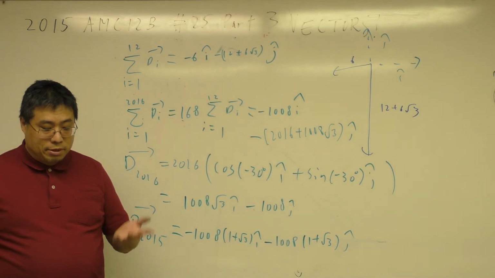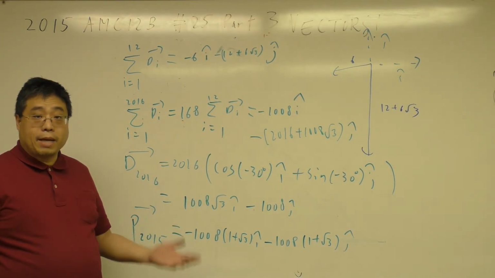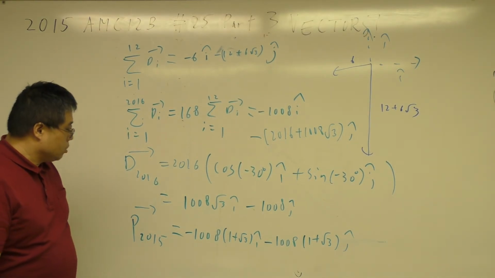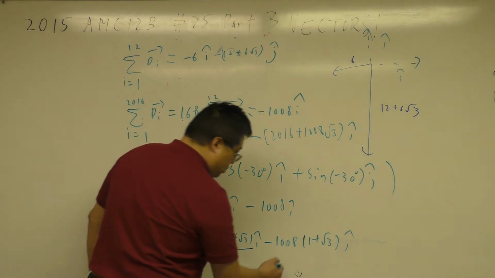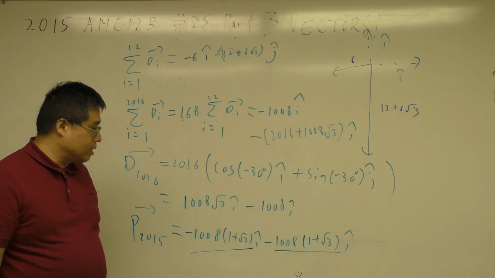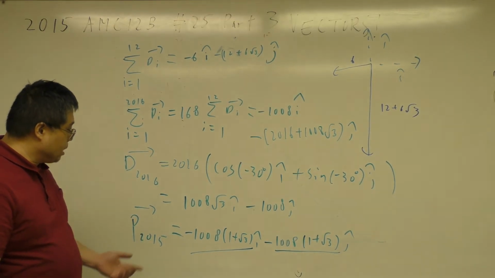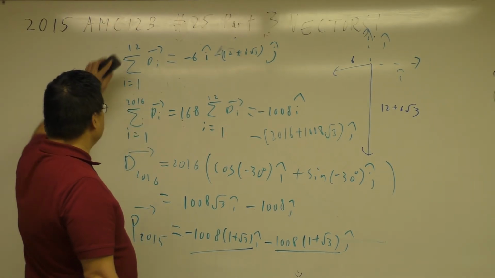The problem was asking for the distance. So distance in this case is the magnitude of this position vector. The magnitude is this thing squared plus this thing squared and then the square root of the whole thing, just like the Pythagorean theorem. To make our life a little simpler, we can think of that 1008 as something that's common.